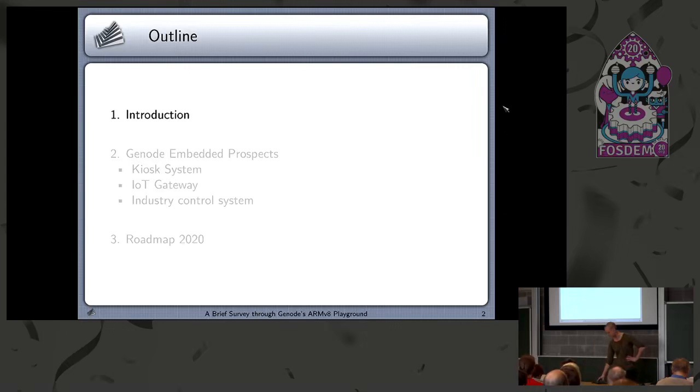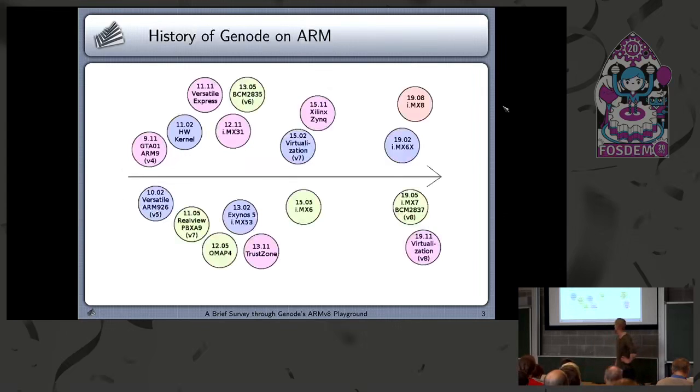So this picture shows in a rough sketch what kind of different ARM hardware was entering the Genode landscape. I don't want to go into much detail, but we had slightly different ARM architectures from version 4 until now version 8.